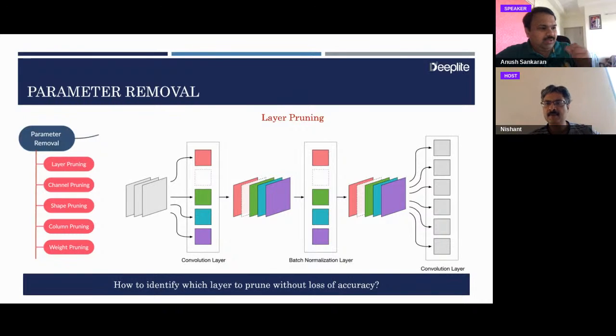In libraries such as PyTorch or TensorFlow, we do not have what we call a sparse convolution. We have only dense convolution. So the convolution doesn't happen efficiently for a sparse matrix at the PyTorch level. Let's go one layer below.